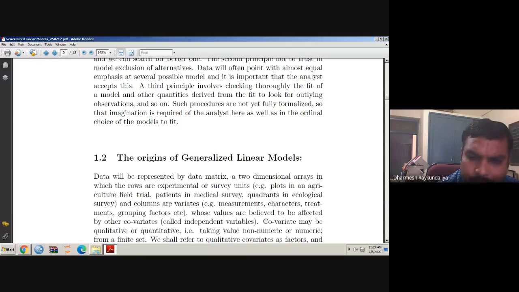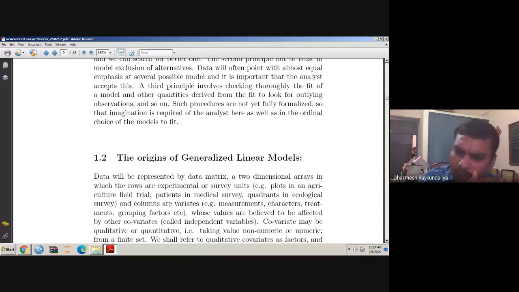A data matrix is a two-dimensional array in which the rows are experimental or survey units. For example, if you look at your Excel sheet, you can have a row as well as a column. So rows are nothing but the cases, for example, name of the respondent, the names of the persons who have been studied, or patient information, or surveyor information.